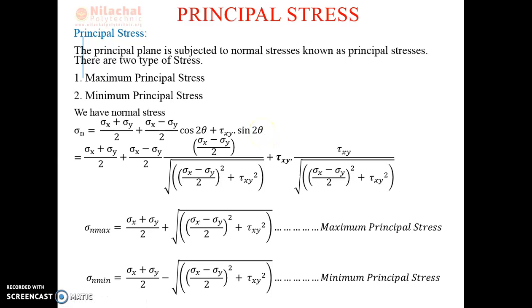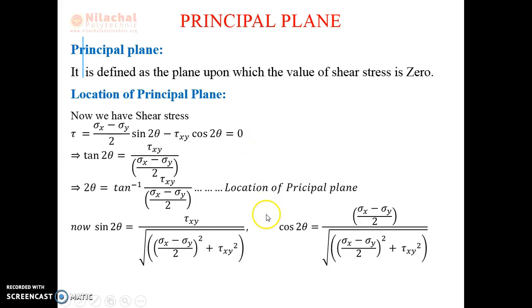Now we have to put in the values of cos 2 theta and sin 2 theta. We have already seen that sin 2 theta is equal to tau xy divided by the square root of ((sigma x minus sigma y)/2) whole square plus tau xy square, and cos 2 theta is (sigma x minus sigma y)/2 divided by the square root of ((sigma x minus sigma y)/2) whole square plus tau xy square.